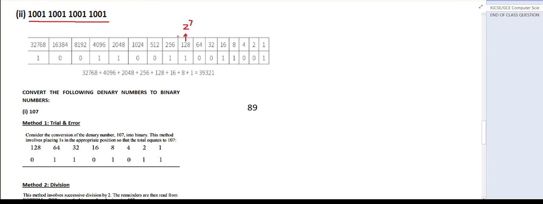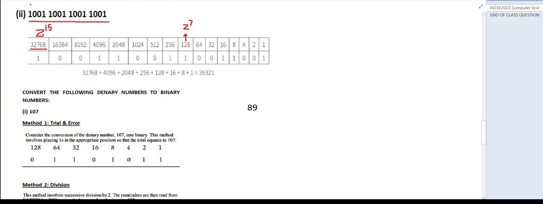When we proceed further, they will be 2 to the power 8, 2 to the power 9, 2 to the power 10, and moving on, right? So we get to 32768, which is 2 to the power 15, right?